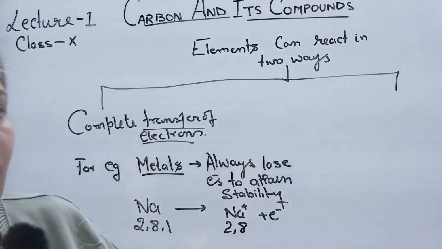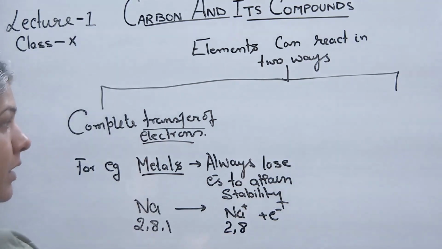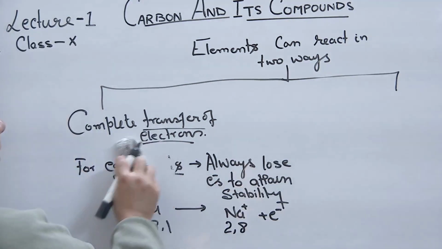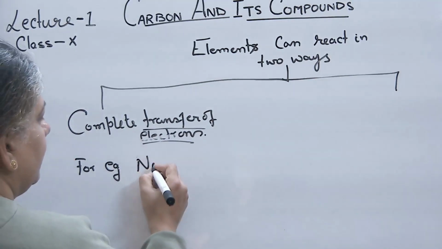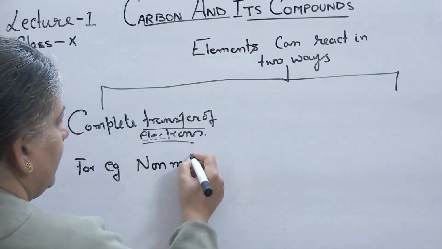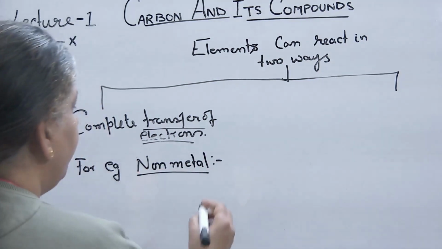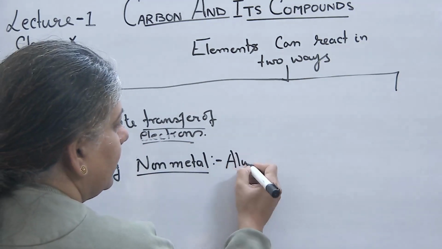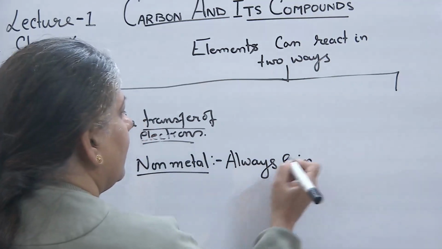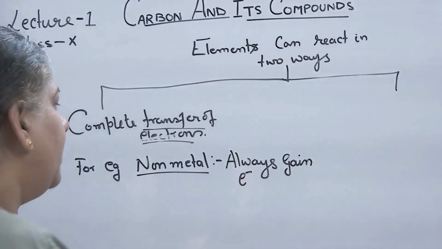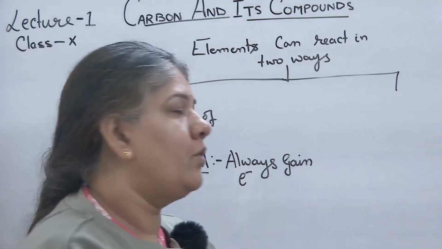And if we see non-metals, they are substances or elements which always gain electrons. So these two definitions are on the basis of electrons.